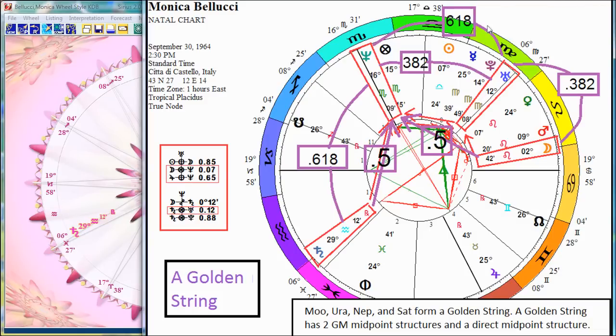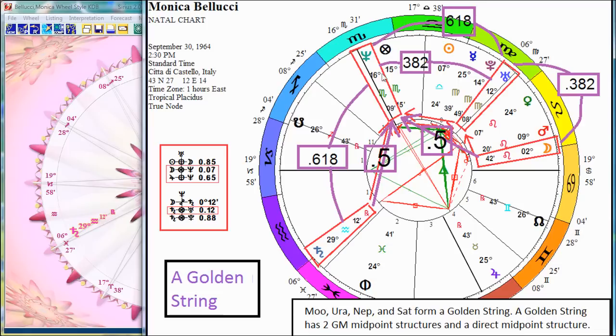If you're wondering about all these numbers out here, this is simply showing that Uranus is at the golden mean midpoint of Moon and Neptune, 0.382 to 0.618 relationship, and Neptune is at the golden mean of Saturn and Uranus, and this is 0.382 to 0.618 in this relationship.